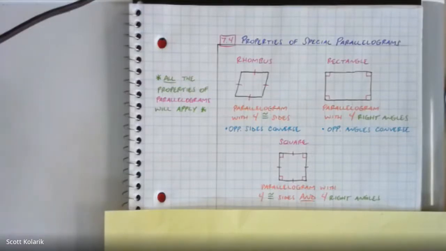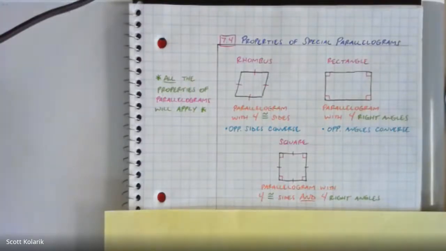Breaking down each of these figures, it is important to note that particularly in geometry, you get a lot of layers of names and titles and categories. For instance, the very broad category here is that each of these is a polygon. They're just many-sided figures. That's the broadest category. More specifically, they are quadrilaterals. They are each four-sided figures.